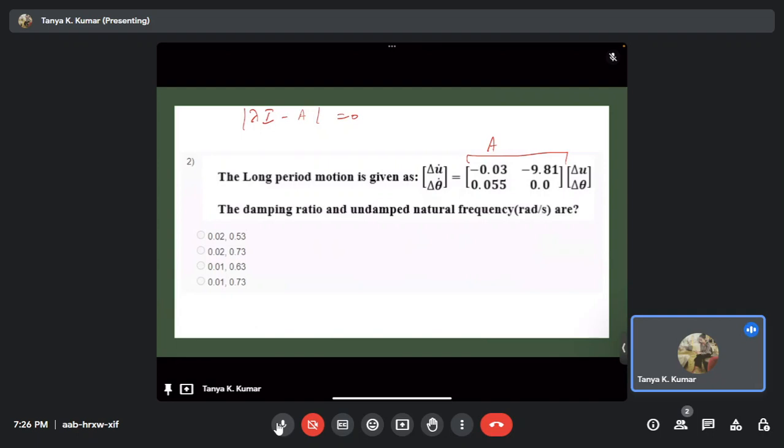So try doing this and tell me what is the equation. If you find out the characteristic equation, just tell me, okay?